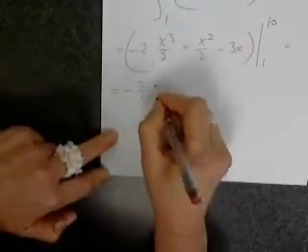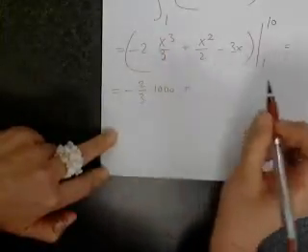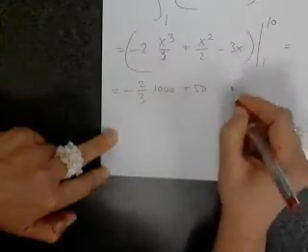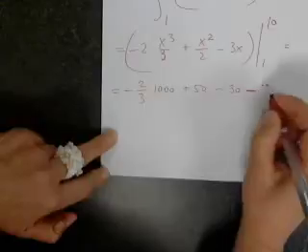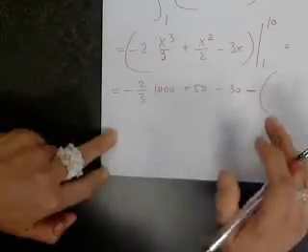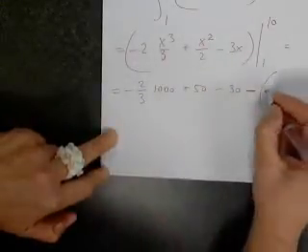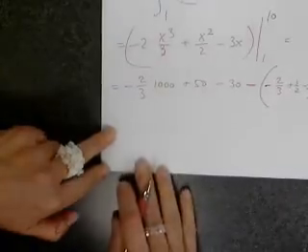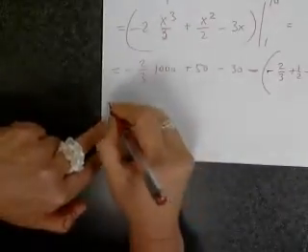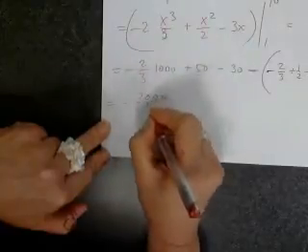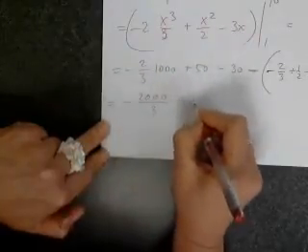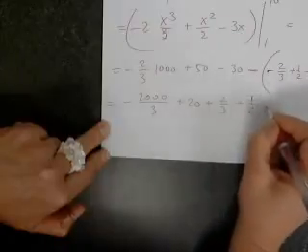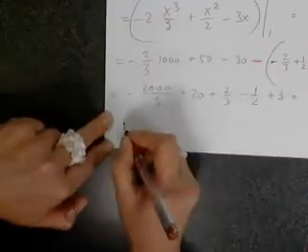Negative 2/3 times 1,000, plus 100 divided by 2, which is 50, minus 30, minus, in parentheses, careful when I plug in 1, negative 2/3 plus 1/2 minus 3. So, negative 2,000 over 3 plus 20 plus 2/3 minus 1/2 and plus 3.